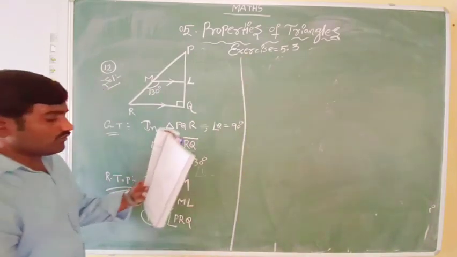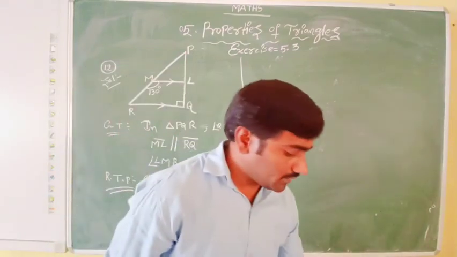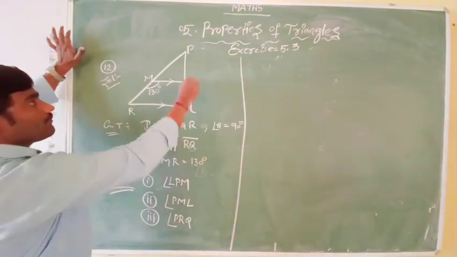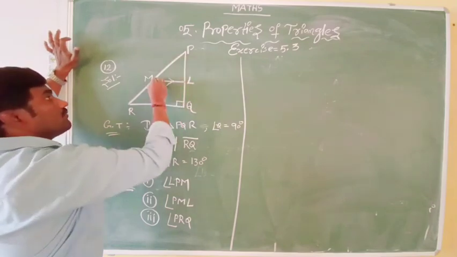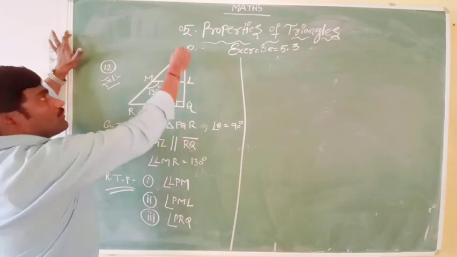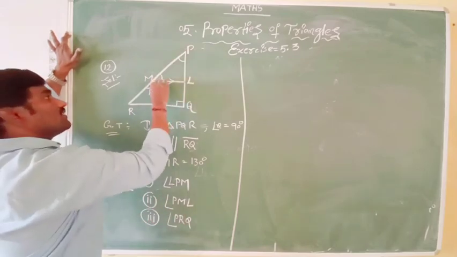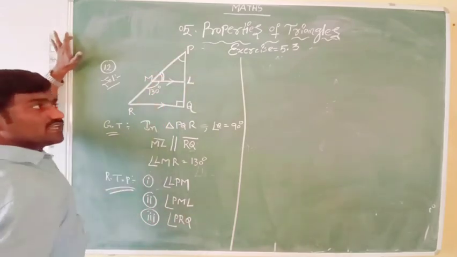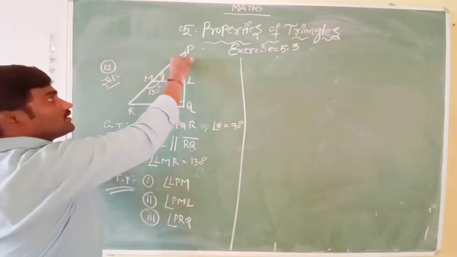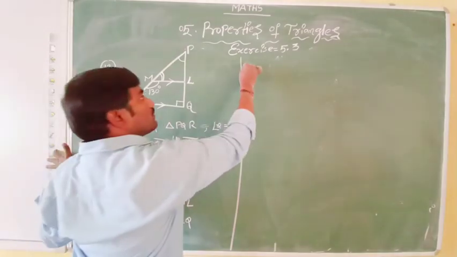These are the angles we need to find out. Let us do it one by one. First LPM, this angle we need to find out, and PML, this angle we need to find out. First we will find out this angle, second proof we will go further. Before we go into this, we go for the second one, proof number 2.